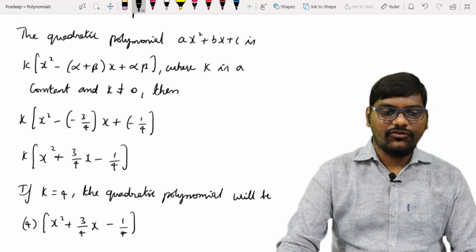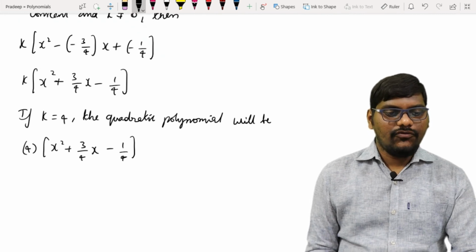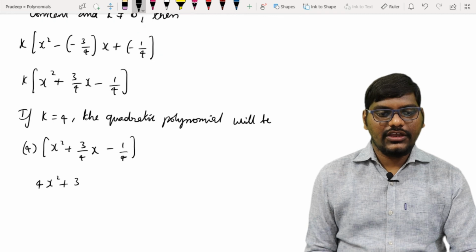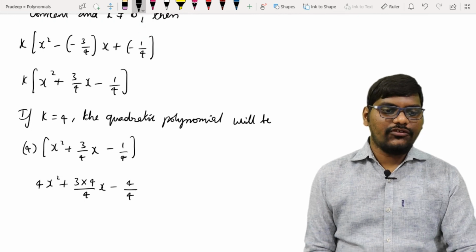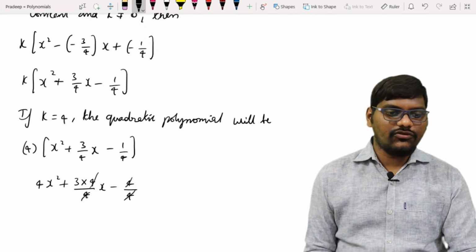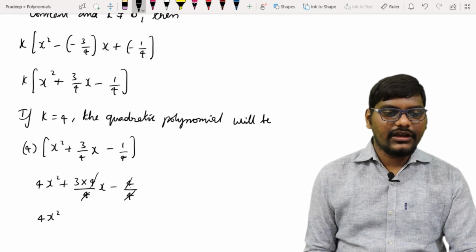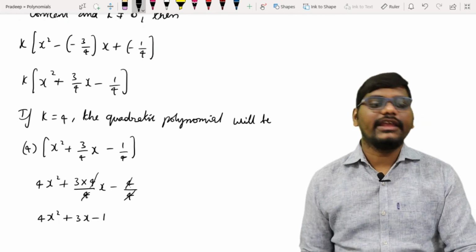So once I take 4 inside, this expression will become 4x square plus 3 into 4 by 4 x minus 4 by 4. So here 4 and 4 can be cancelled, this also 4 and 4 can be cancelled. So this becomes 4x square plus 3x and this is minus 1, where 4 and 4 get cancelled.